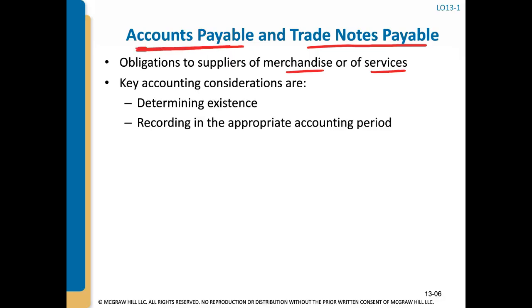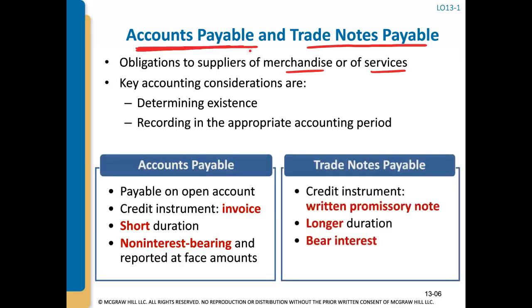Think of accounts payable as an open credit with that specific supplier, where you have an agreement that once they give you an invoice, there are terms on that invoice, but typically that invoice will be due within 30, 45, or 60 days. So once we receive the invoice, we will record the accounts payable.